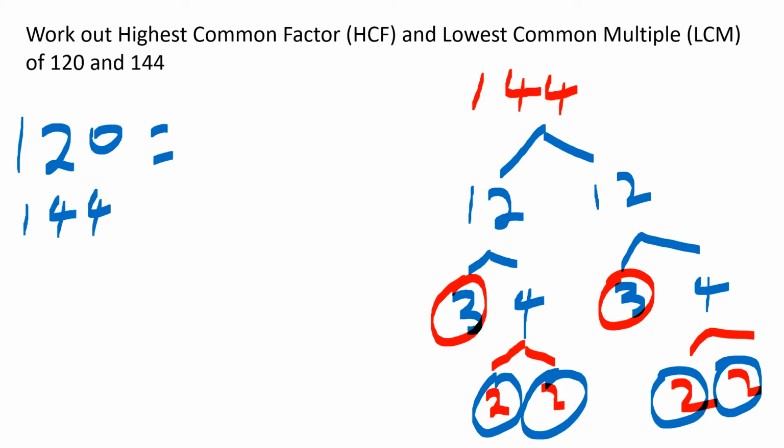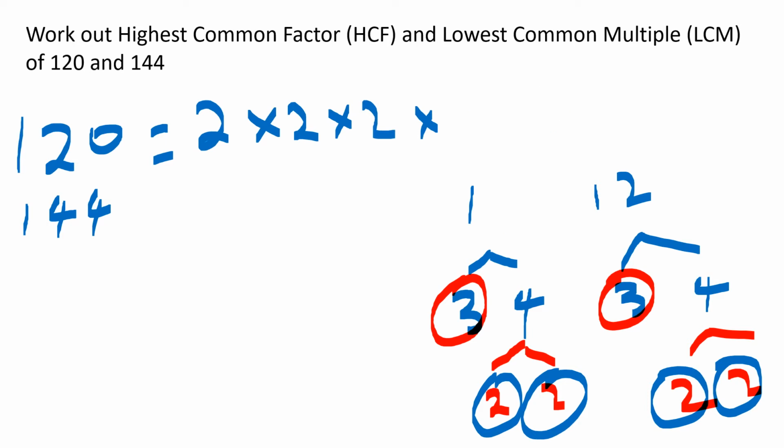For 120, the factors are 2 times 2 times 2 times 3 times 5.